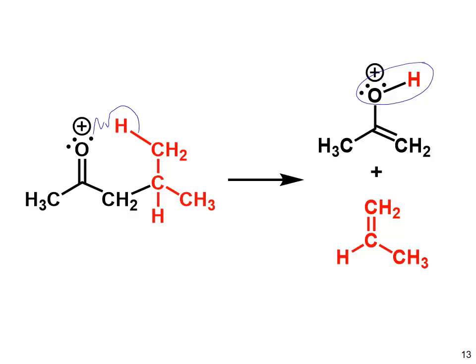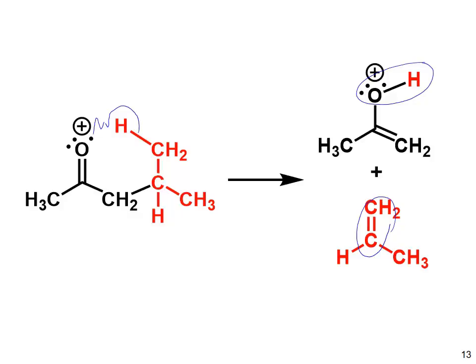What we've seen before when we do hydrogen abstraction reactions is that the second electron from a bond that we're trying to break, so right now we're trying to break the CH bond, would go in the opposite direction, and in this case it would go on the carbon. But then if you look at the product that we need to form, there is a CC double bond, so the carbon on which we would throw the second electron of the CH bond that we're trying to break is actually involved in the new CC double bond.